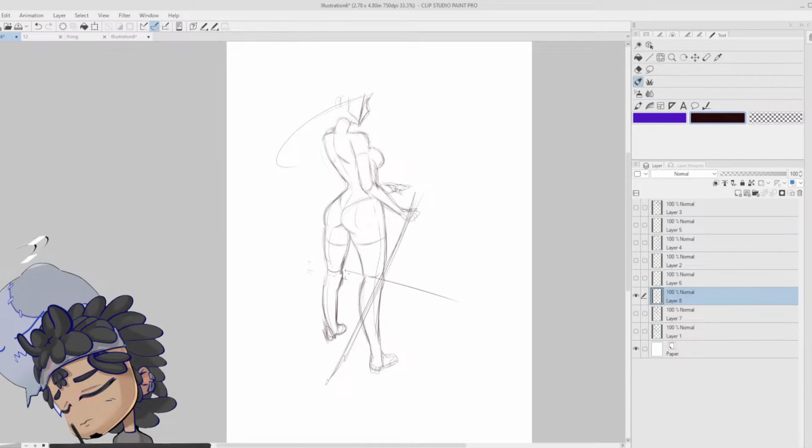Still think it's a bit too stiff, and I think it has to do with the slant of the... I think. Nope, doesn't look right. Okay, up like this.